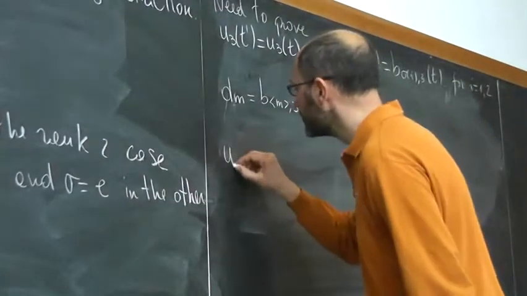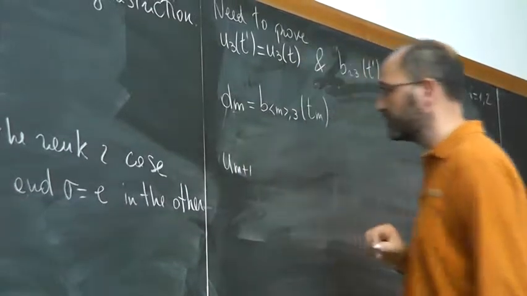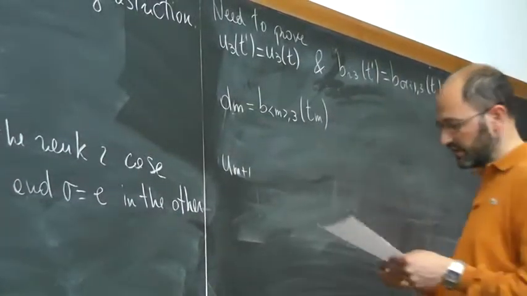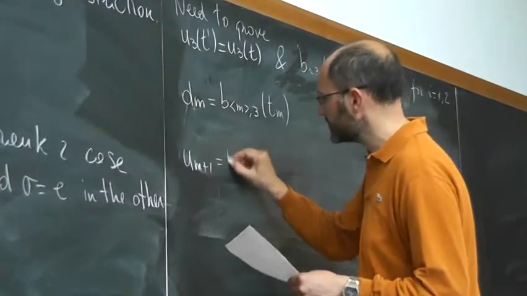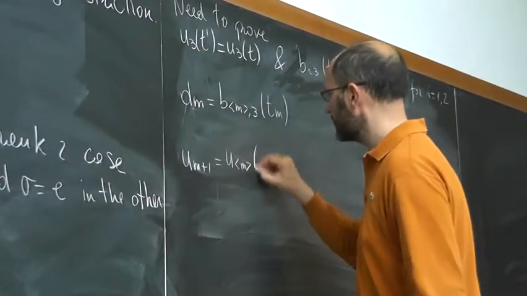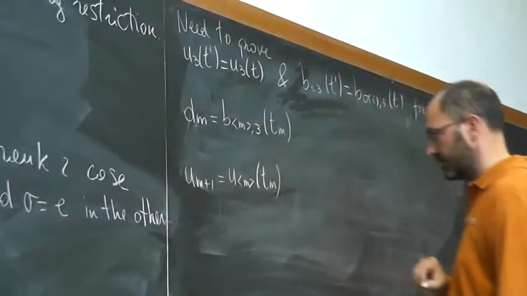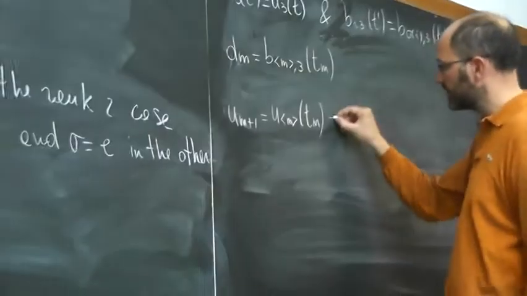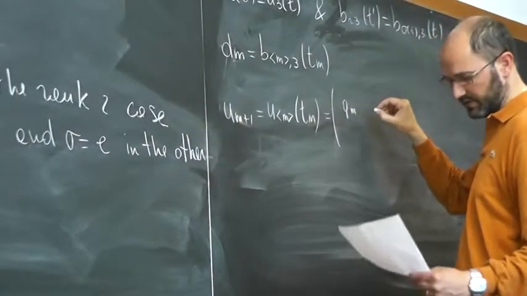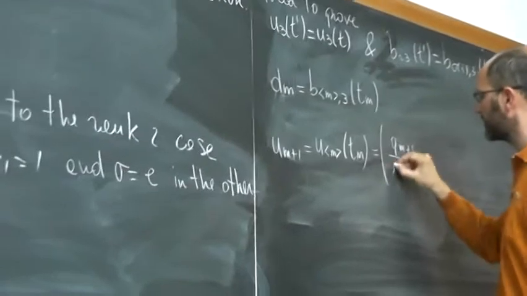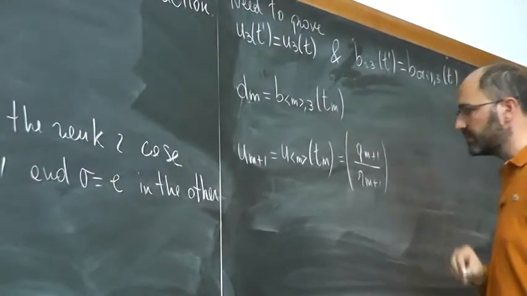And I recall to you this definition that we used in the rank 2 case, u m plus 1. This is u m of tm, that in the rank 2 case was q m plus 1 divided by r m plus 1.